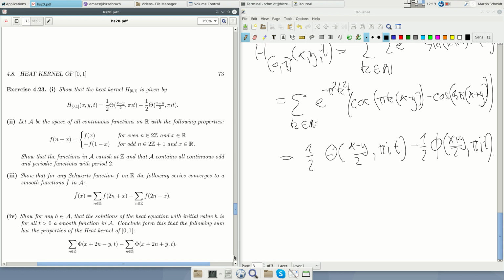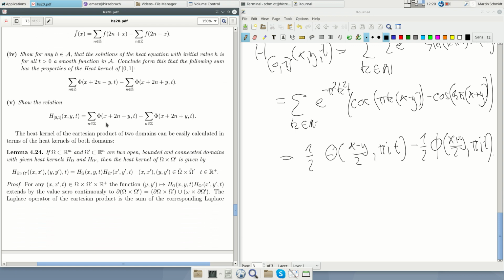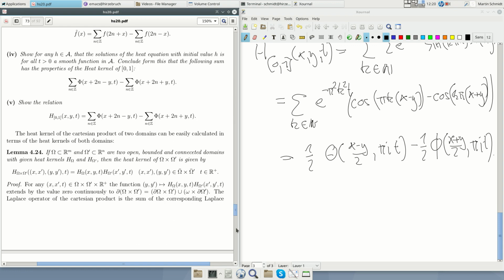Now here in the exercise I explain a slightly different approach, but I also introduced this space A, and then you can check this. Now comes a very nice feature, that the heat kernel of a product we can just calculate by the heat kernel of the corresponding domains.